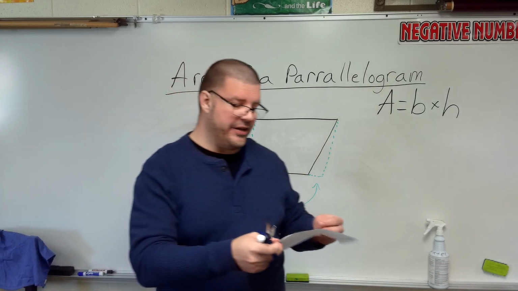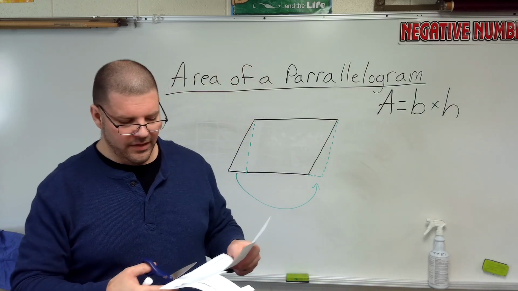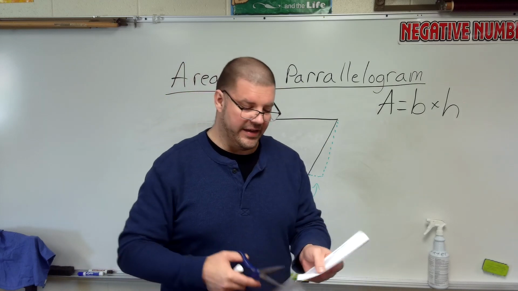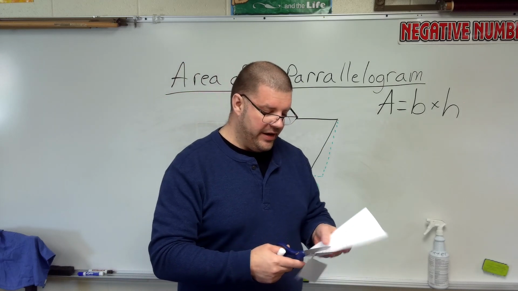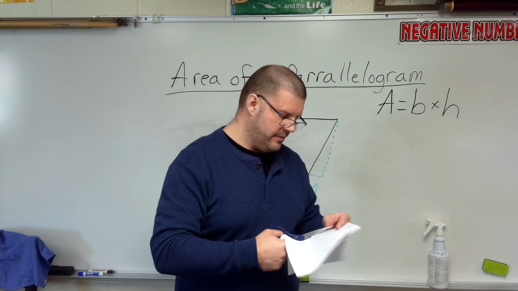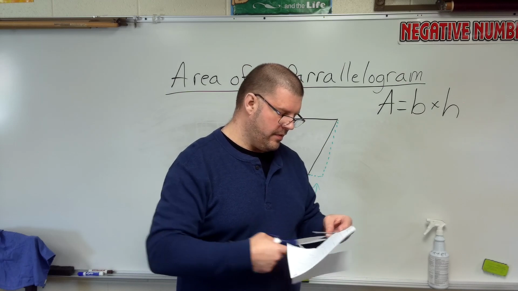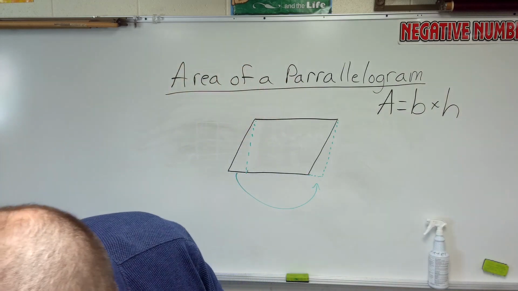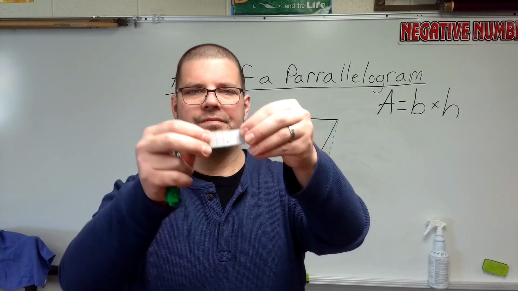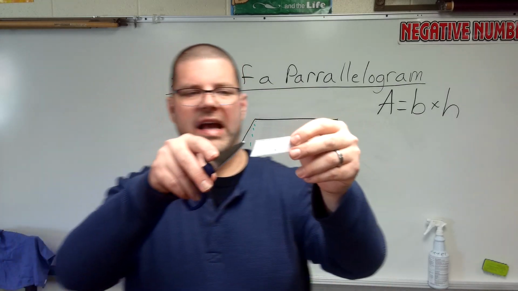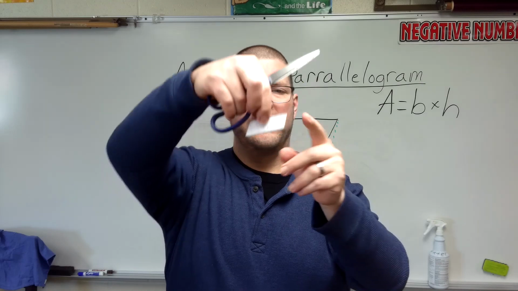So cut out figure A. I already did this in a practice run, so that's why mine's already cut out. So here's my figure A. Notice how we got our slant here and our slant here.